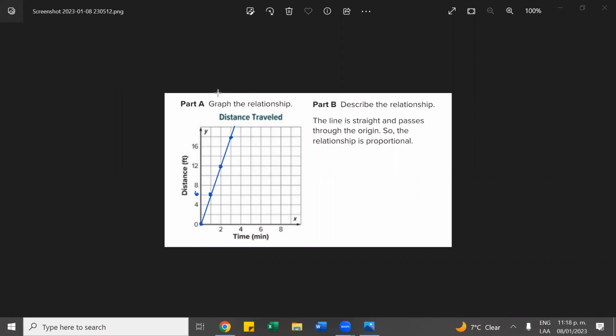Part A was to graph the relationship with the table information, and in part B, we have to describe the relationship. The line is straight and passes through the origin, so the relationship is proportional. How do we know it's proportional? Because it begins at the origin and it is a straight line. All right, so that's our first example.